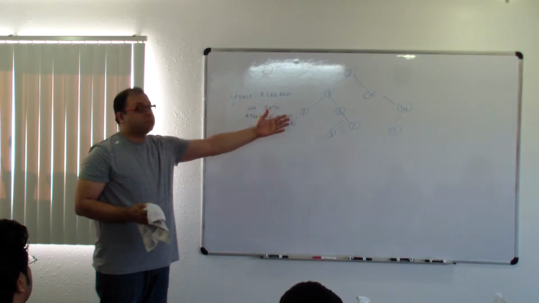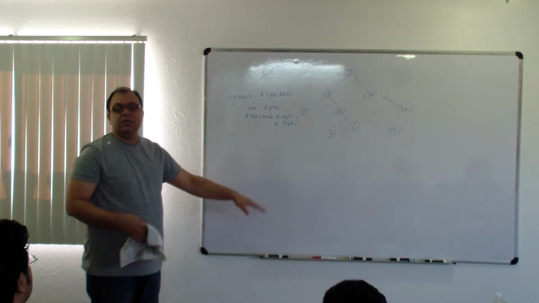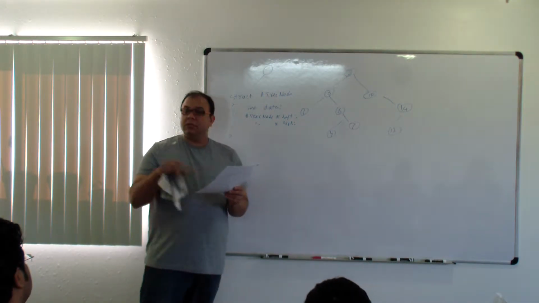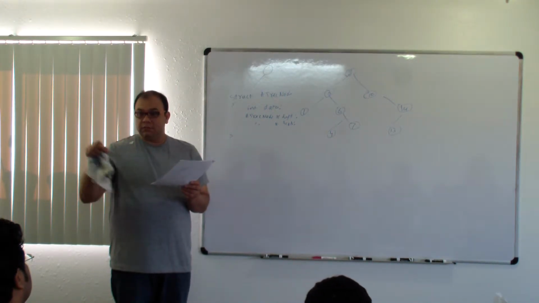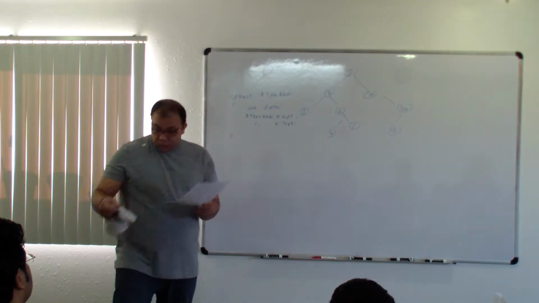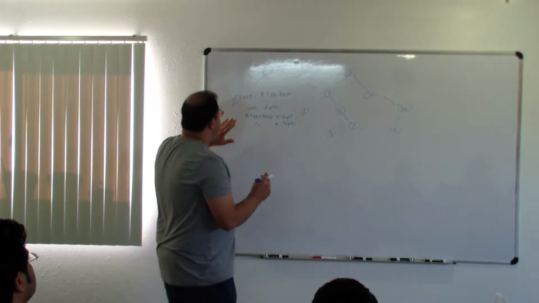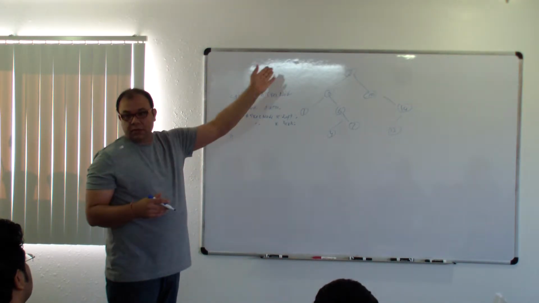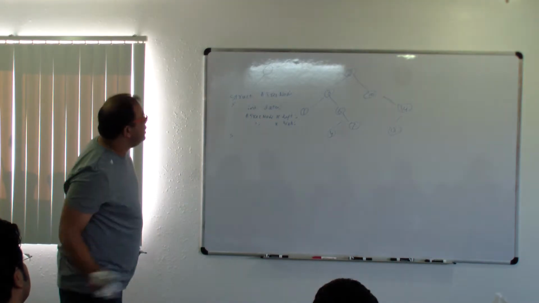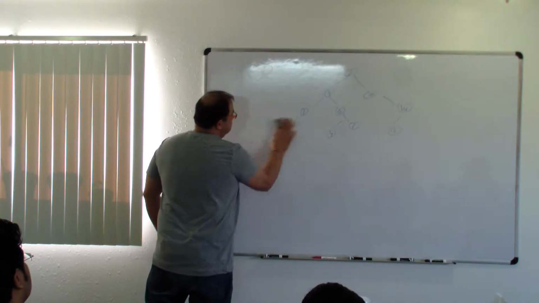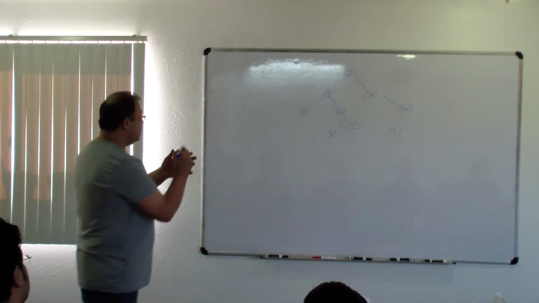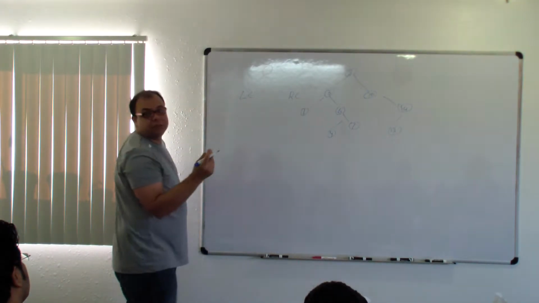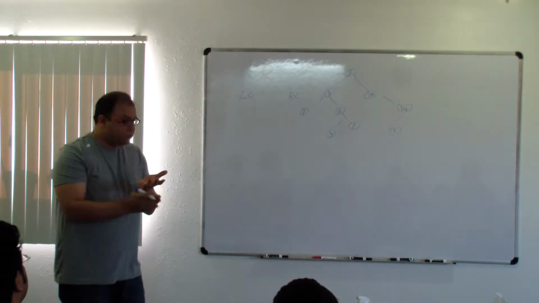I will now start writing the class for this, and then we will start adding. We'll write a constructor, destructor, we'll delete a node, we'll insert something in the tree. Another thing is that traversal can be done on a tree. There are 3 kinds of traversal: in-order, pre-order, post-order.